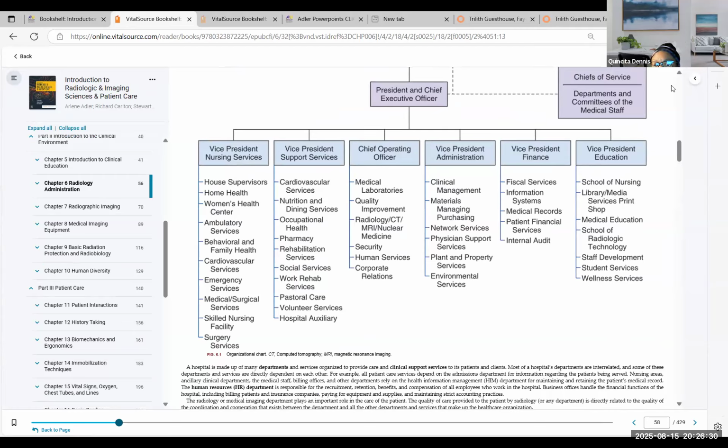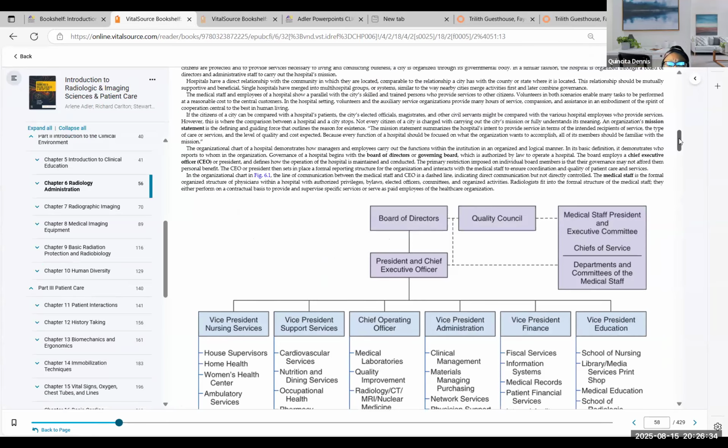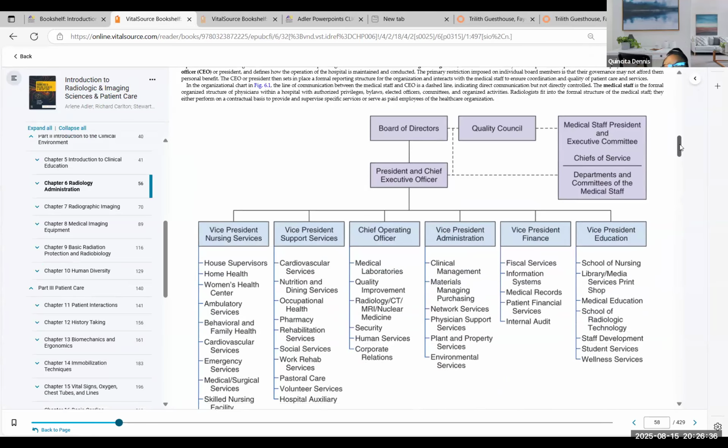So this is an example of an organization chart, or a picture of an example of one. Starting at the top, we have that board of directors. As you can see laterally, they are concerned with quality control, so there's a quality council there, and then of course they have medical staff and an executive committee.